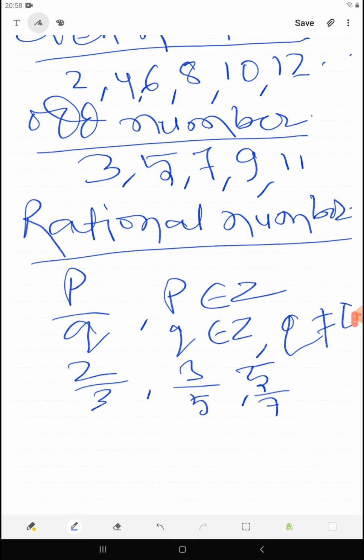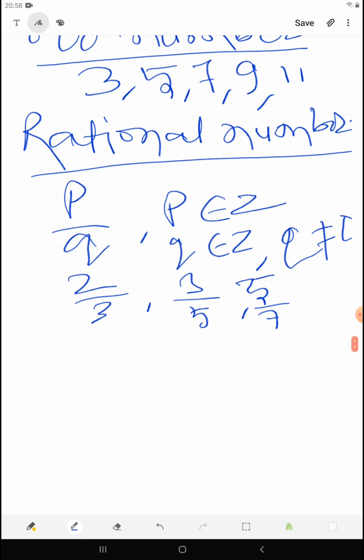Okay? Now comes irrational numbers. Before going to irrational numbers, I want to tell you a little bit more about rational numbers. If we are representing a rational number as a real number, it has a recurring pattern. Understand it like this, like 1.22. If there are no recurring decimals, then it's an irrational number.